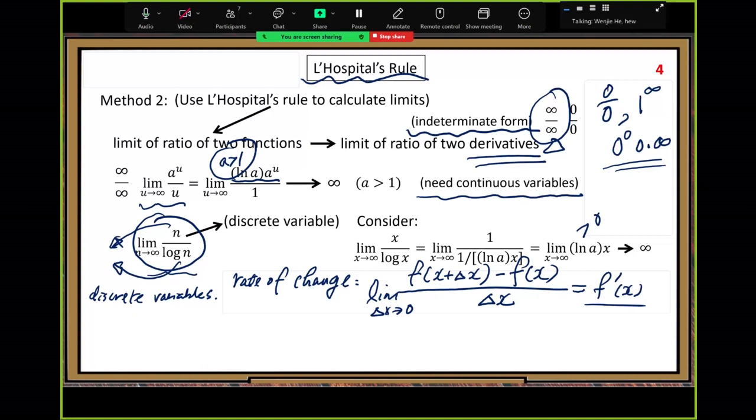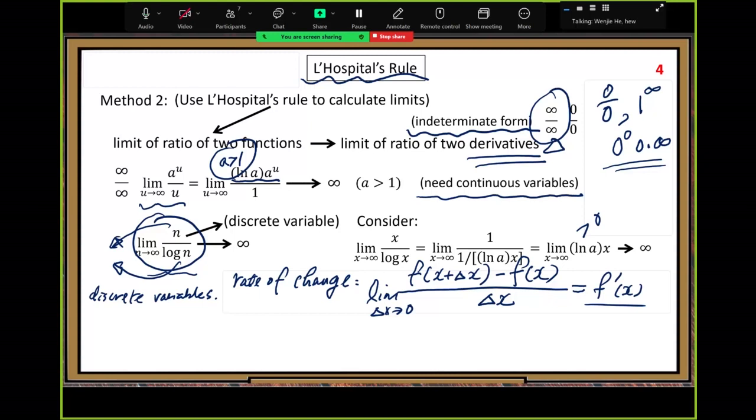Since the limit of the continuous version equals infinity, can we say the discrete version's limit is also infinity? Here, we know the limit of the continuous version is infinity. Can we conclude the limit of the discrete version is also infinity?